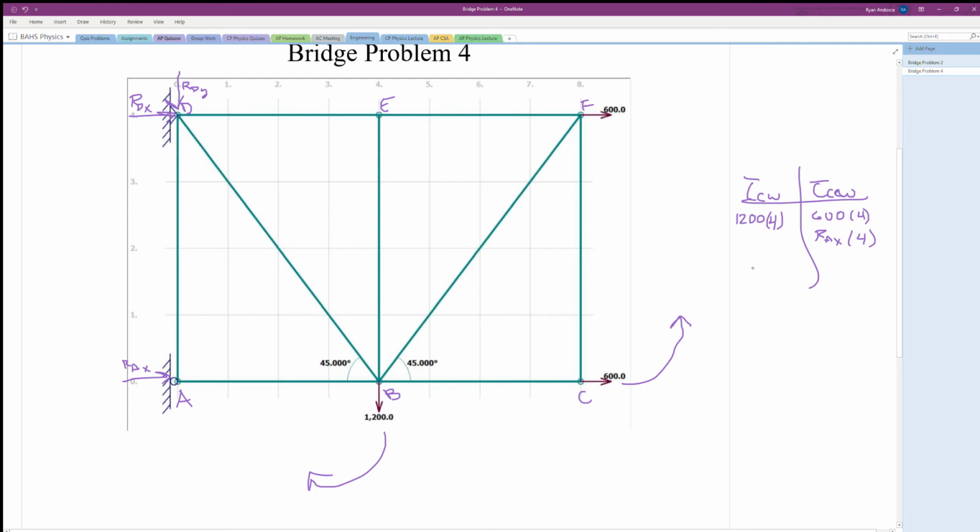Okay, we need these sides to both equal the same thing. We've got 4800 on the right, which has to equal 2400 plus whatever RAX times 4 is, so 4 RAX. It should be incredibly apparent what RAX is, it's just 600.